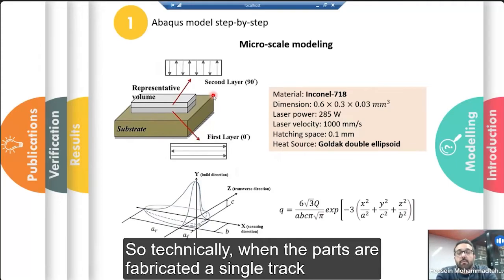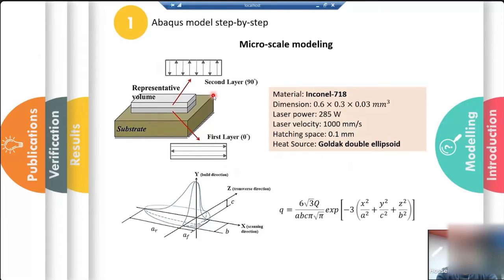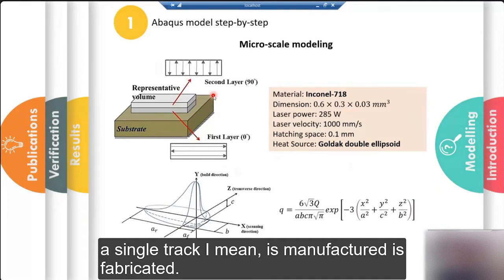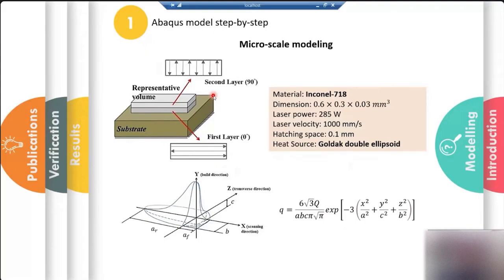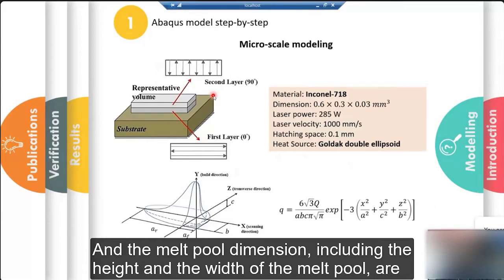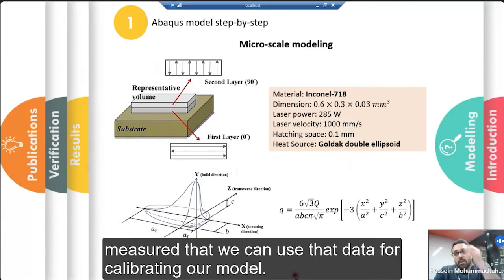Technically, when a single track is fabricated, the melt pool dimensions, including the height and the width of the melt pool, are measured. We can use that data for calibrating our model.